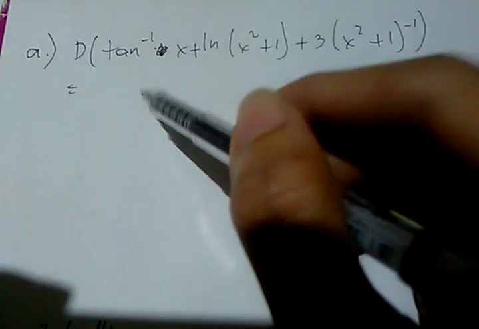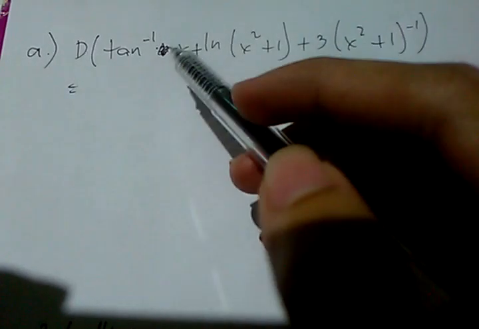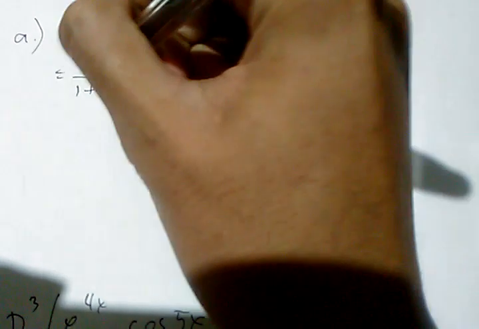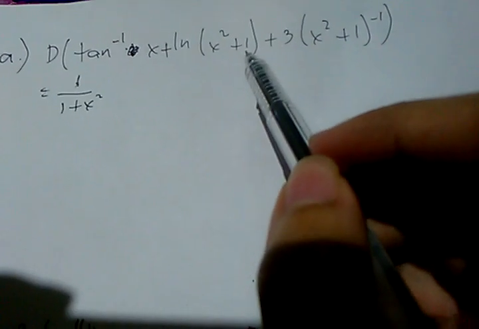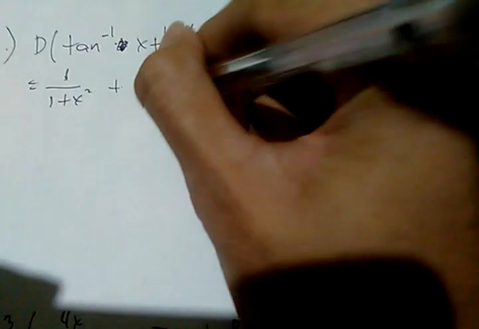First, the derivative of inverse tangent x is equal to 1 over 1 plus x squared. Then for ln of x squared plus 1, it is equal to 2x over 1 plus x squared.